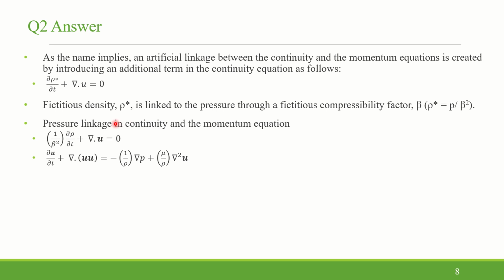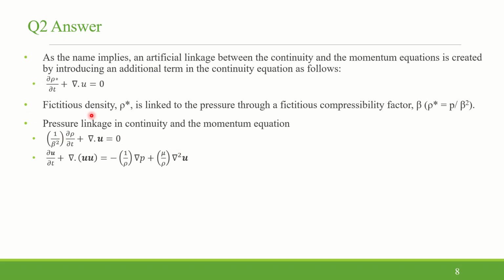So additionally, how the equation turns out is that rho star is equal to P by beta square. So it becomes 1 by beta square into dou P by dou t plus del dot u equal to 0, and this is the momentum conservation equation, which is dou u by dou t plus del dot uu equal to minus 1 by rho del p plus mu by rho del square u.